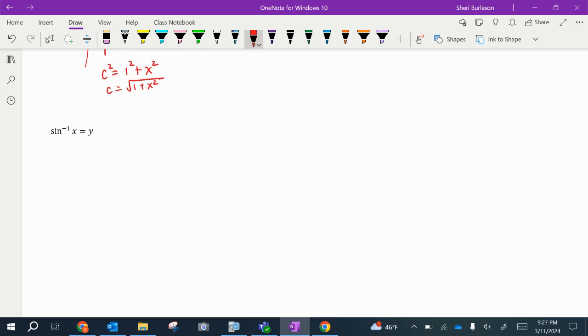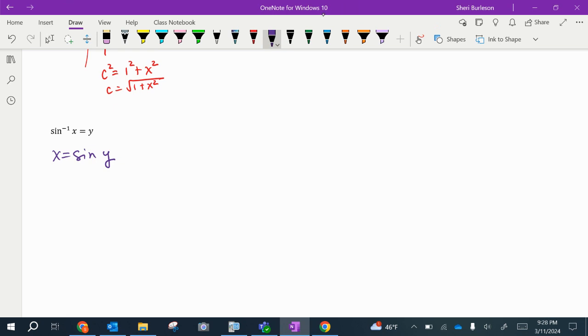So now, the derivative of inverse sine. What we're going to do to figure out the derivative of the inverse sine is use the inverse function. I'm going to convert from inverse sine to sine. So that means x equals sine of y.